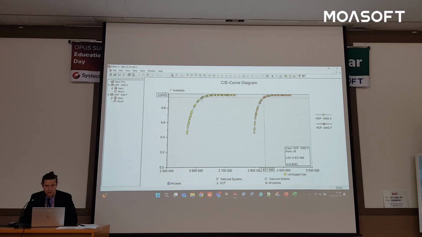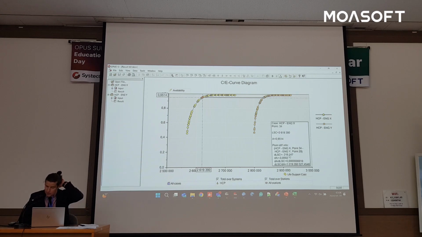I select the first point, about 95% here, and you see that if I add the difference between the points here, to show the delta, you can see that there is a difference of around 200,000 euros in this scenario, and for the same availability. So engine X is cheaper than the other one. In that sense, we can reach the same availability for a lower cost.